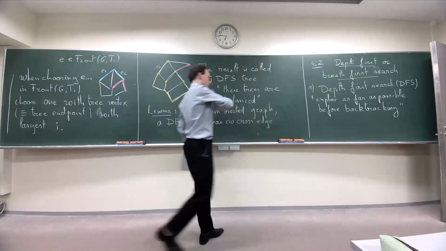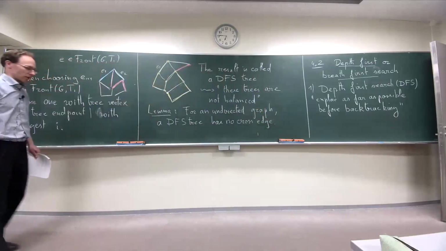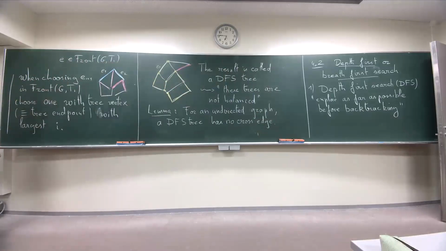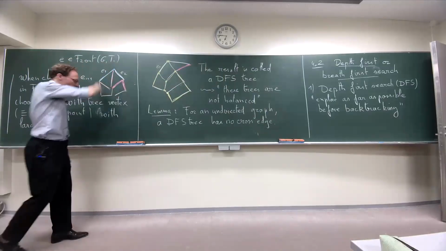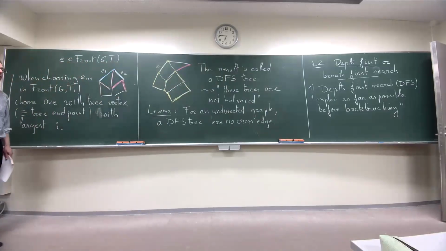So you have to remember what a cross edge is. It was on this blackboard before. And you need to check that if you draw a graph, or a tree, following this algorithm, you never have any cross edge. It's not difficult, but you have to think about what a cross edge means and why this will not happen. So probably you can do it by contraposition.